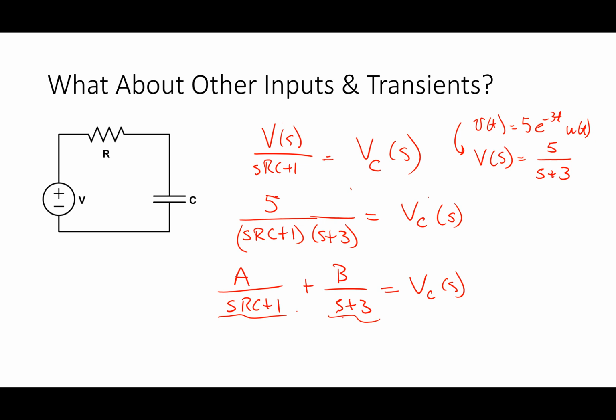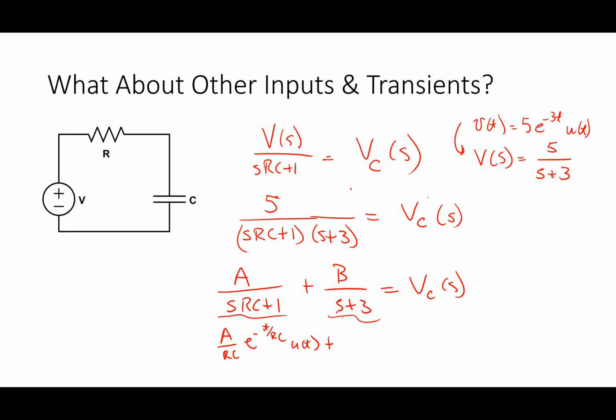An exponential. Both of them are exponentials. That is correct, right? So this guy would basically become A over RC times e to the negative t over RC, times u of t.